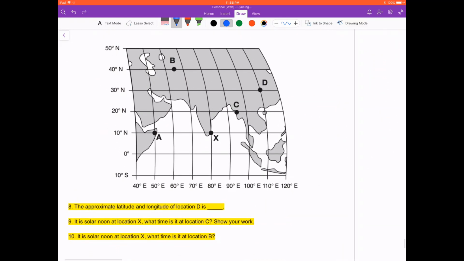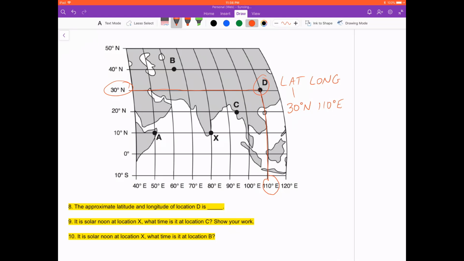Okay, and our last 3 questions. The approximate latitude and longitude of location D is, so once again for location D, we're going to write the latitude, then the longitude. And the latitude happens to be, let's see, lat flat. So it looks like it is 30 degrees north. And the longitude, which is up and down, is 110 degrees east.